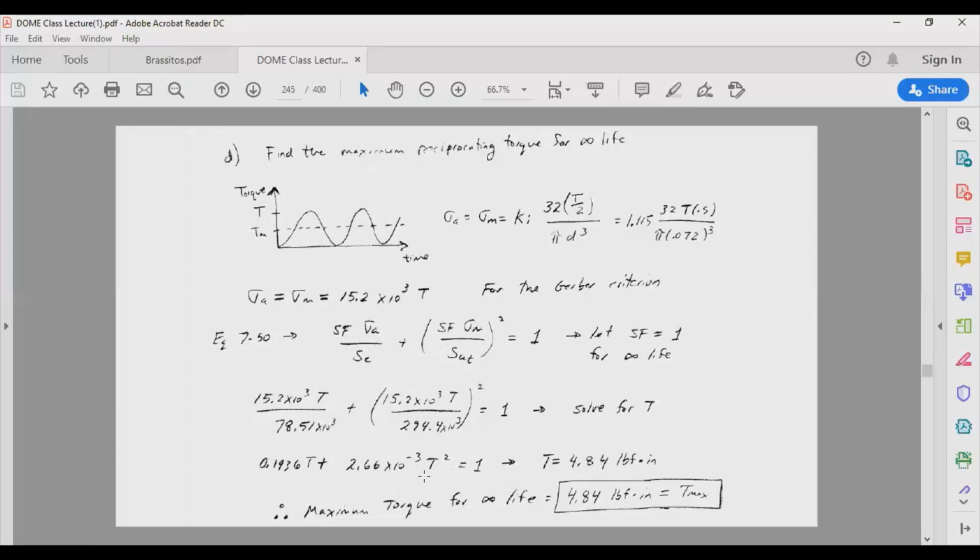When you have this equation, basically you'll have one torque to be positive, and the other one could be negative or complex. It won't be complex, by the way. One of the roots will always be negative, and the other is going to be your torque. So you need to apply a torque below this so you have a safety factor of 1. That way your spring will just last about infinity.